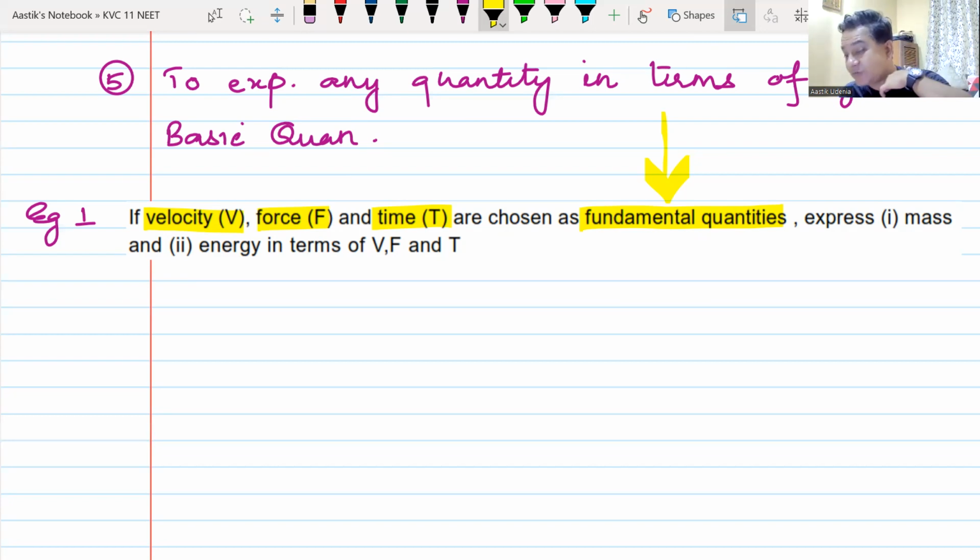Right now, I have chosen V, F, and T as my fundamental quantities. What we have to do is find out mass and energy in terms of V, F, and T. This question is exactly similar to the question that we just did.